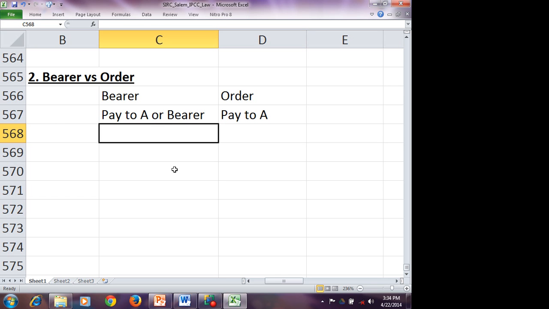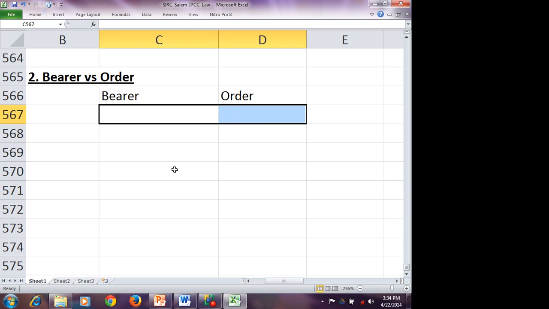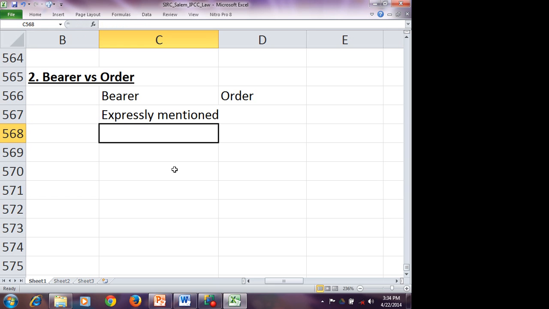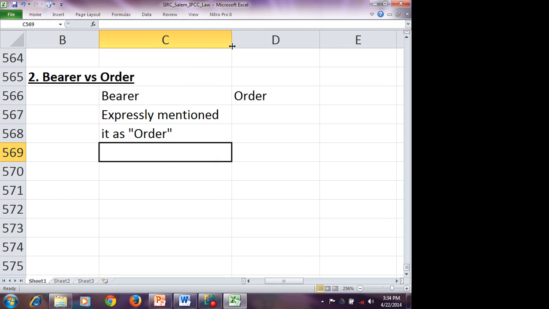So therefore, what is a bearer instrument can be explained in the following way. What is a bearer instrument? One, an instrument expressly mentioned as order. Here the tenor says order, so it is an order instrument. Simple.